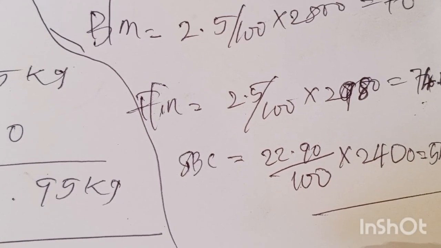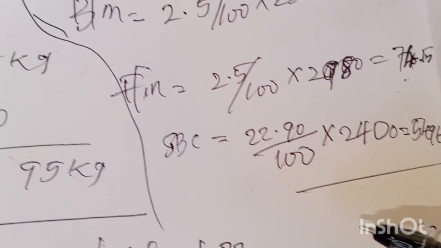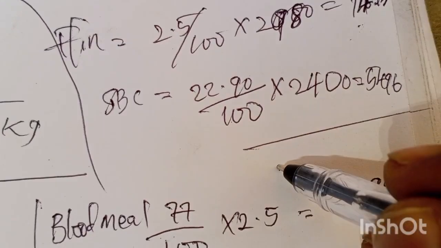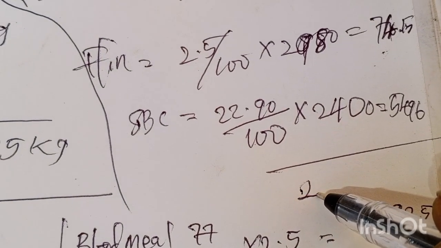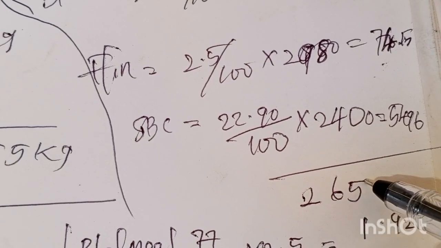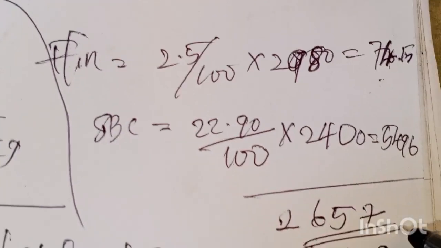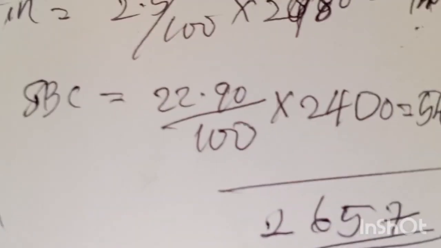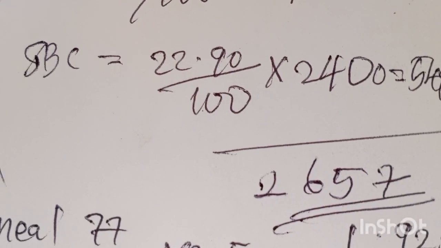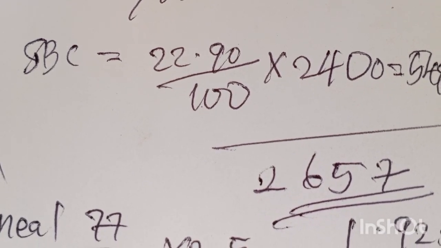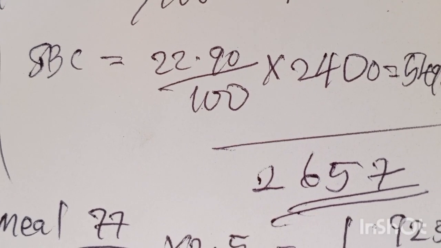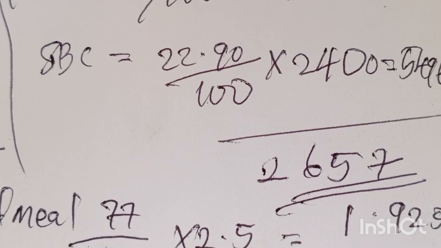When you total everything together, you're having 2,657. So this 2,657 is the total energy level that we just calculated.